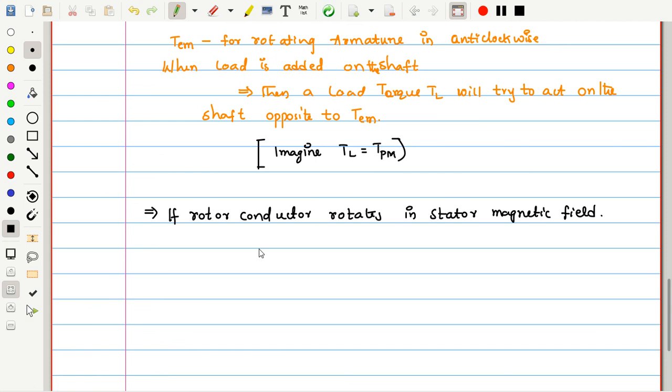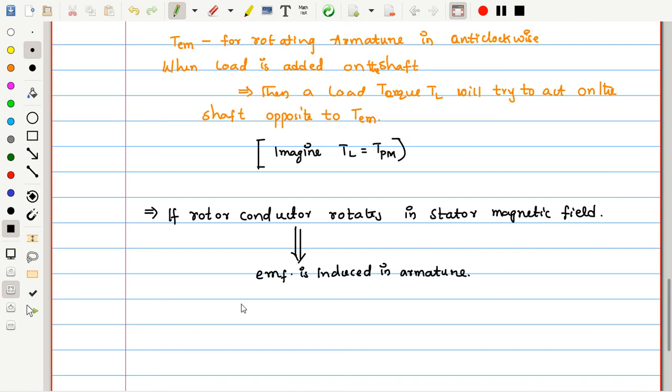If a conductor rotates in a stationary magnetic field, according to Faraday's law, it induces EMF. EMF is induced in the armature. But this is not a generator. We cannot call this generated voltage, because this is a motor.